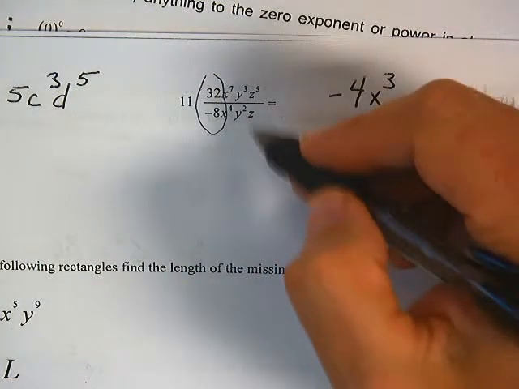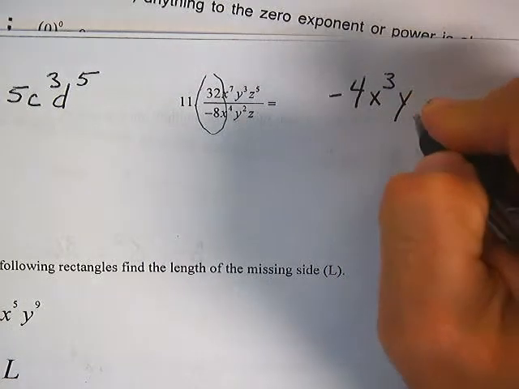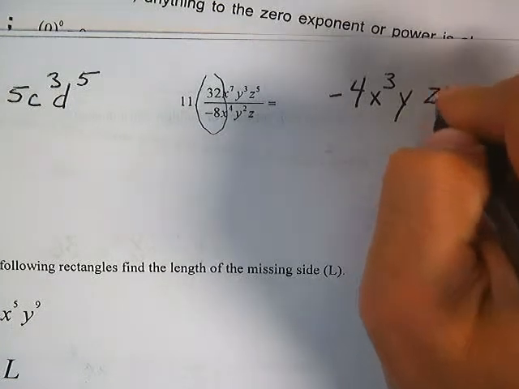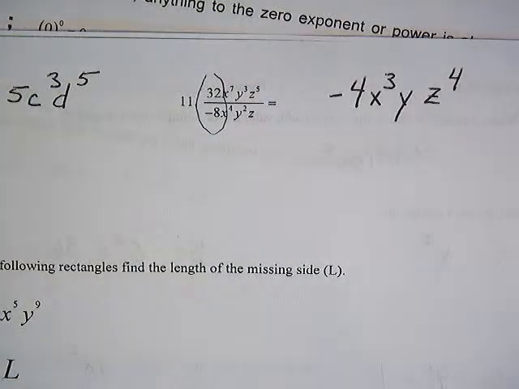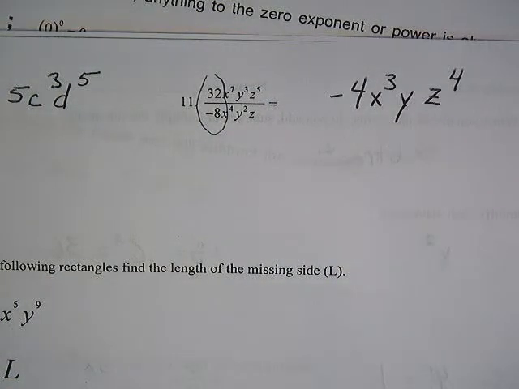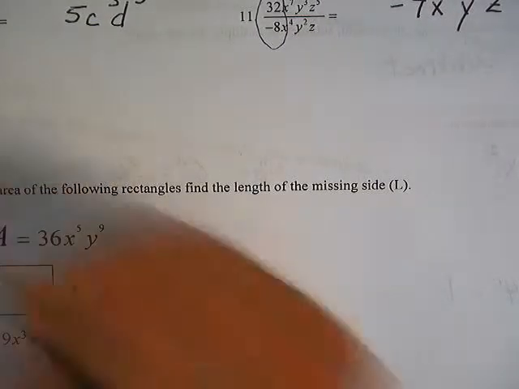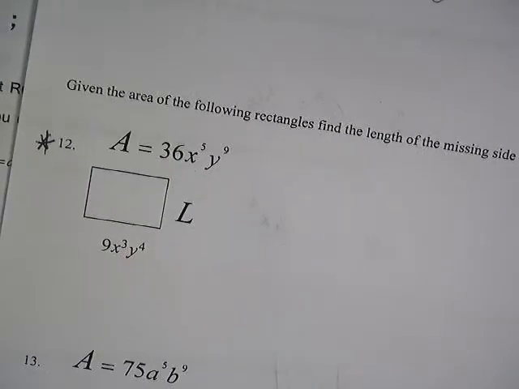Our y's, we'd have y to the 1st, or just y. And then z to the 4th. Now, on 12 and 13, you will see problems like these again. This is just practice.